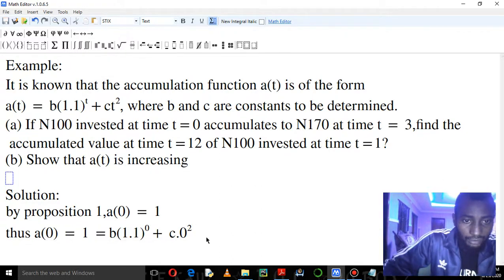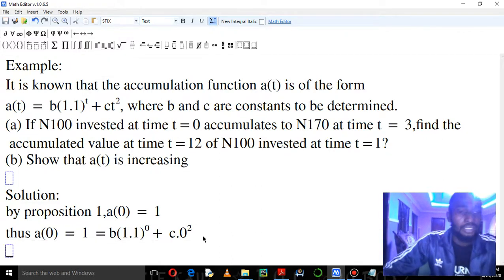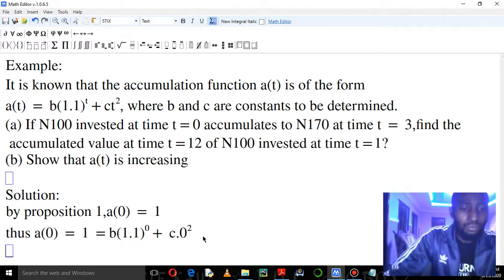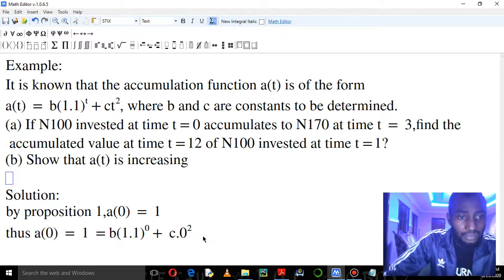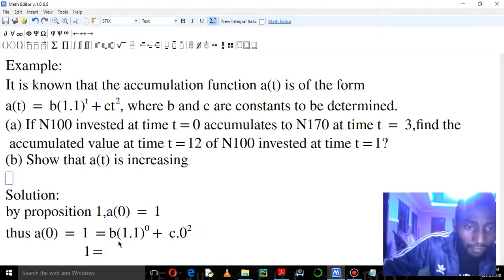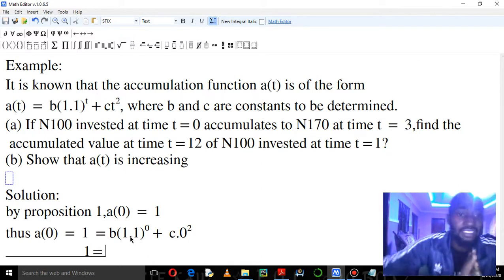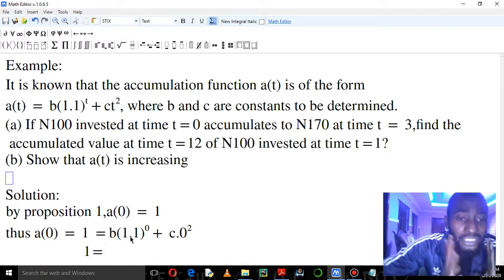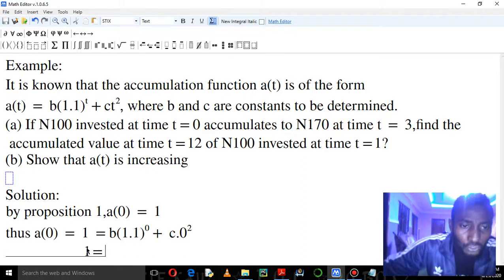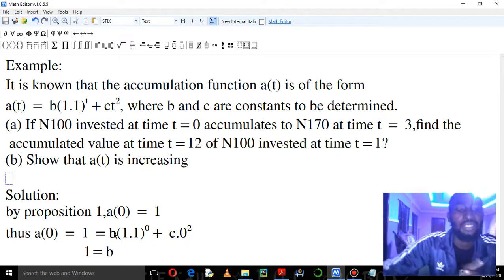After doing this, 1 is equal to, from your law of indices, anything raised to power 0 is 1. So 1.1 raised to power 0 is equal to 1. 1 times b will give us b.